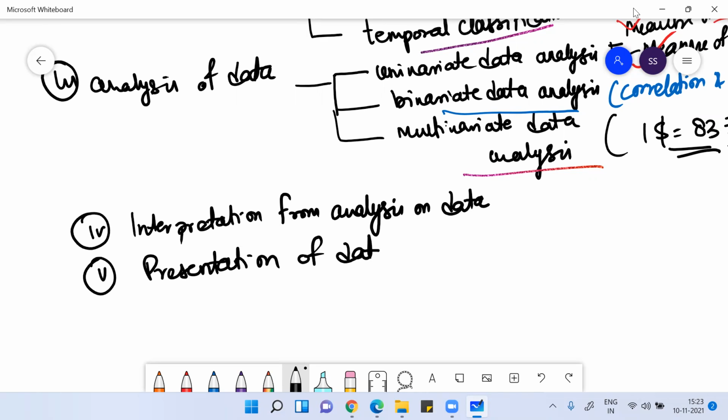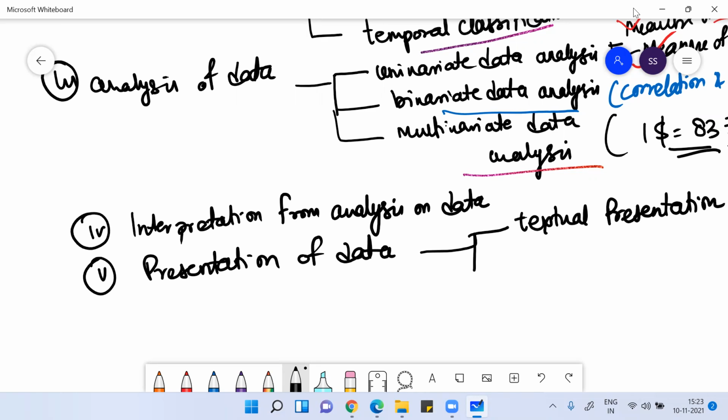When we talk about presentation of the data, we talk about textual presentation. Textual presentation is about giving your data in text. You write a story and try to explain what has happened. For example, today there is a cricket match between New Zealand and England.